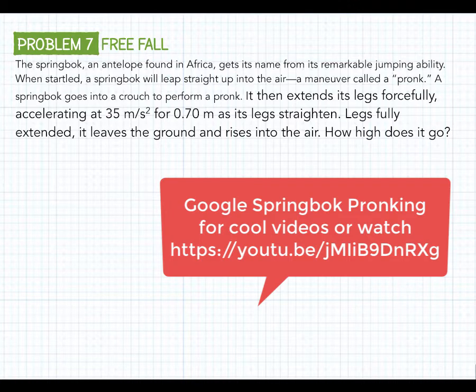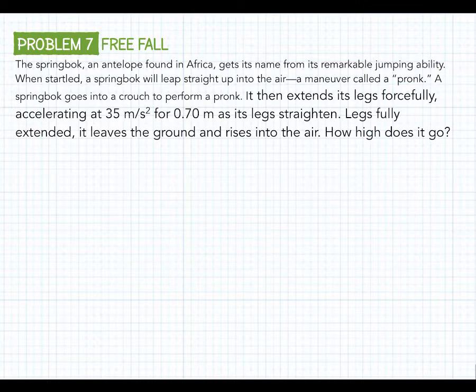It has an acceleration over 0.7 meters. Now that's basically as it goes from crouching to standing up. And then with its legs fully extended, it leaves the ground and rises into the air. And we want to know how high it goes. So here are our main things. We know that it's going to go 35 meters per second for about 0.7 meters.